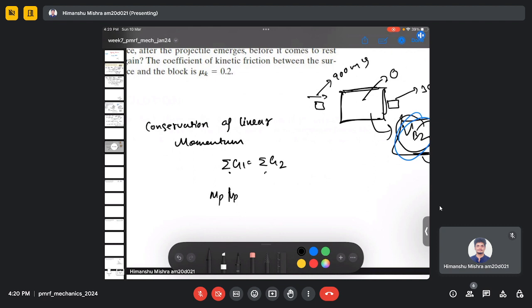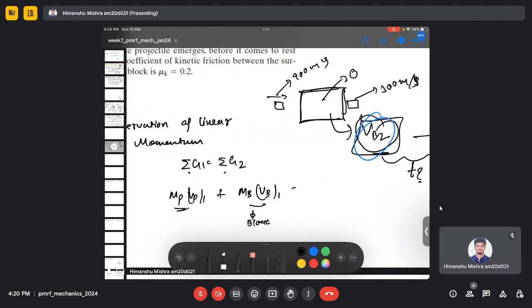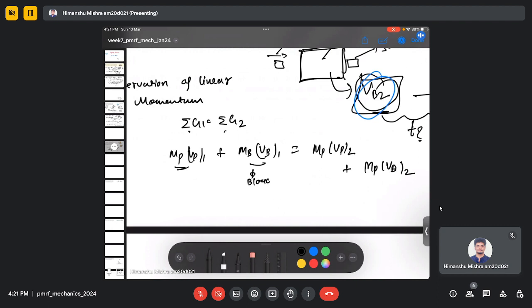So it will be MP VP1, the momentum of the bullet, plus the initial momentum of the block, equals the final momentum of the bullet and the final momentum of the block. Now the initial velocity of the block is 0 here, so this will not contribute.